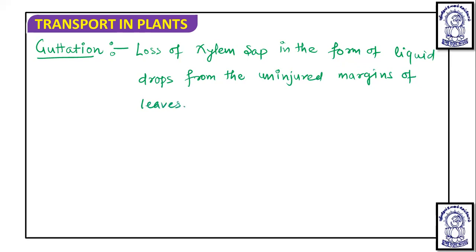And when there is a loss of xylem sap in the form of liquid droplets from the uninjured margins of the leaves, then it is known as guttation.